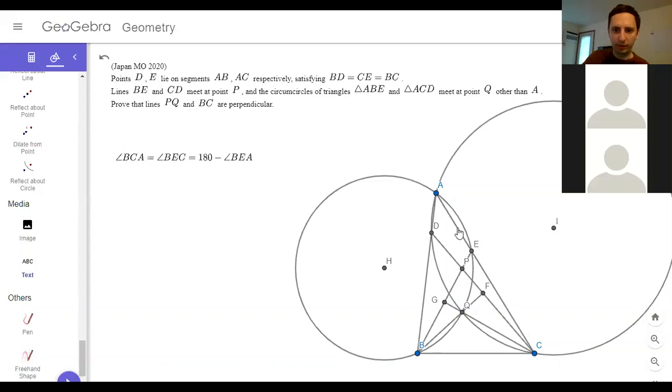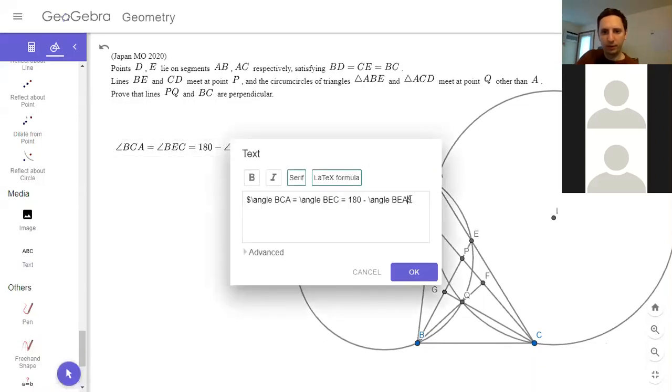Hold on a sec. 180 minus BEA. And that's 180 minus BQA, right?